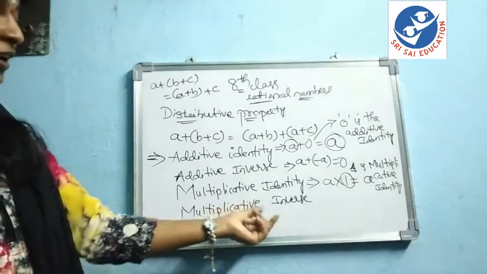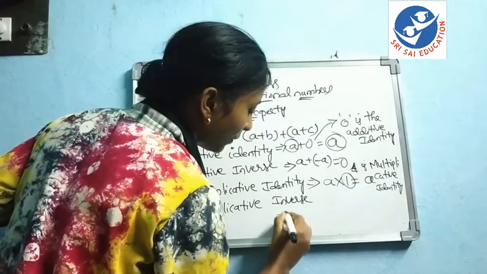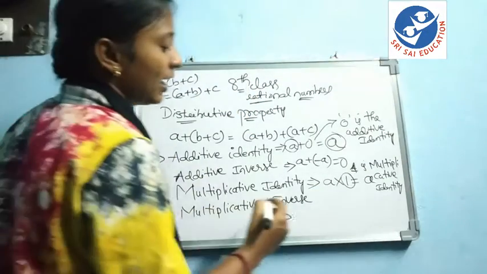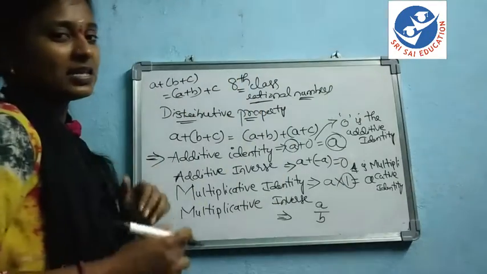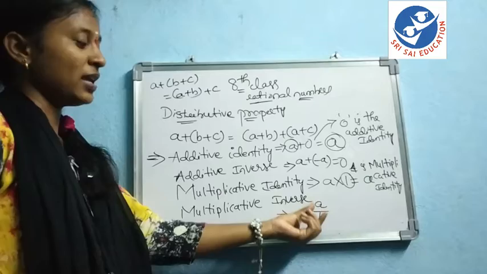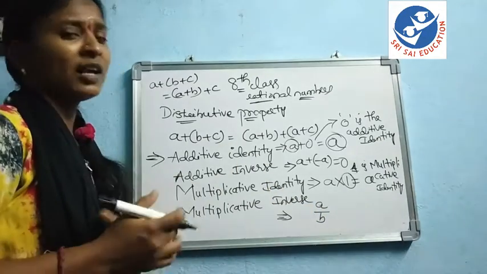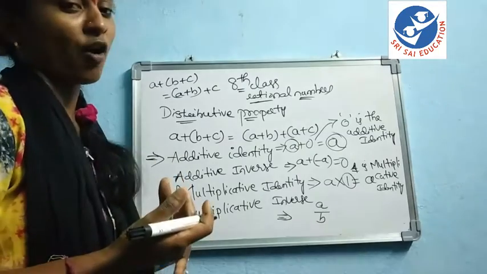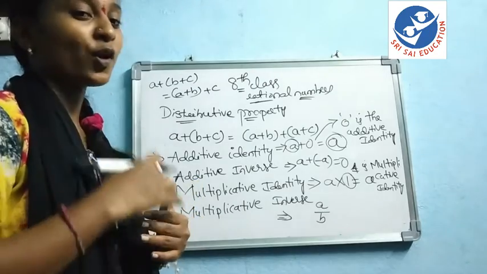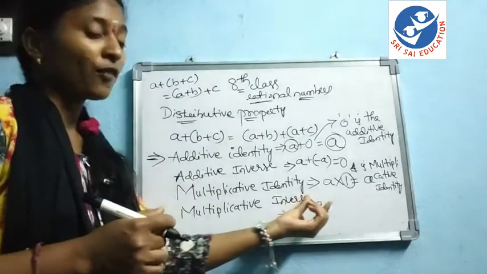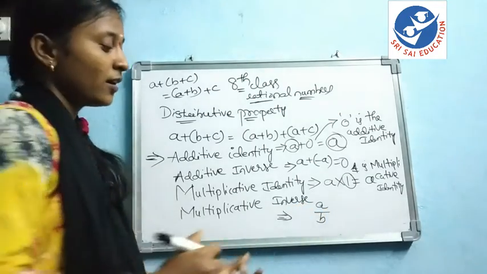In multiplicative inverse, we take a by b. We take a by b as a rational number. In this, multiplicative inverse means we get the result 1 after multiplication. The product of two rational numbers gives the result 1.